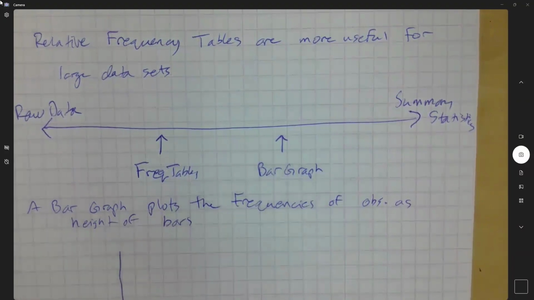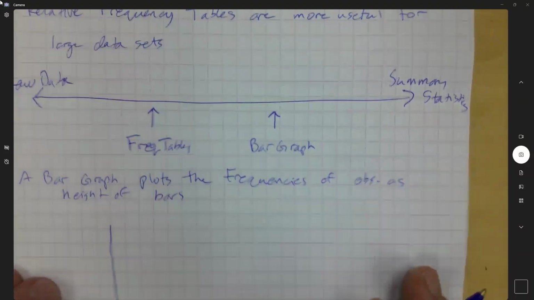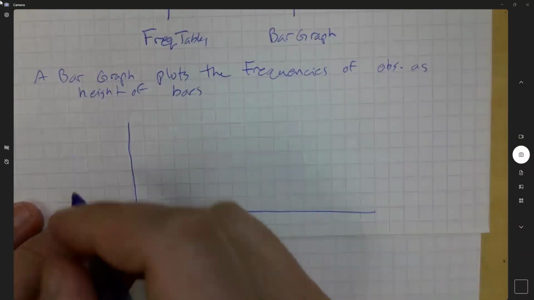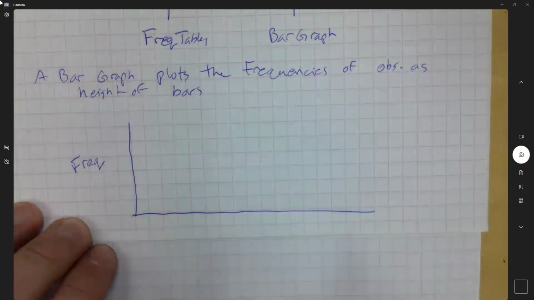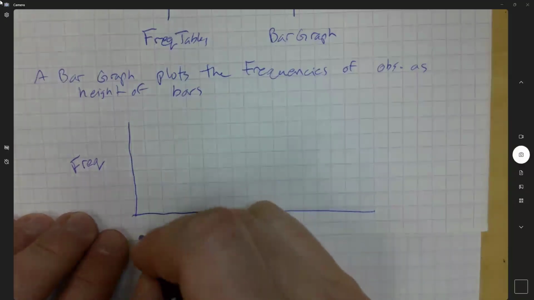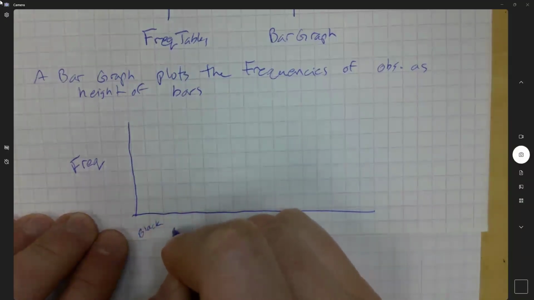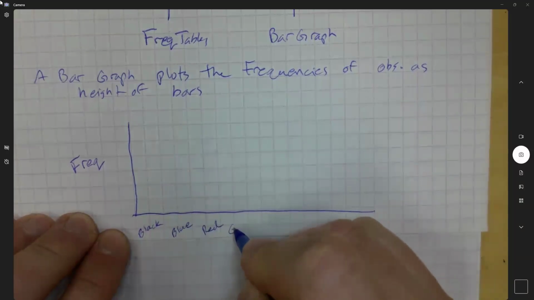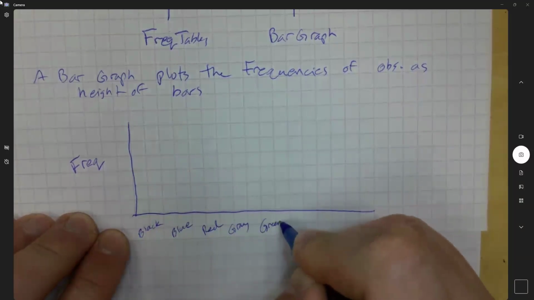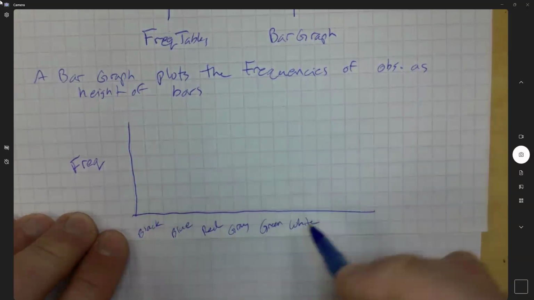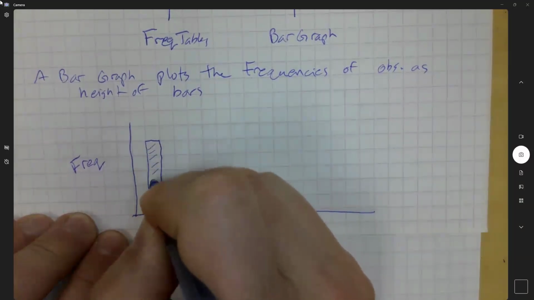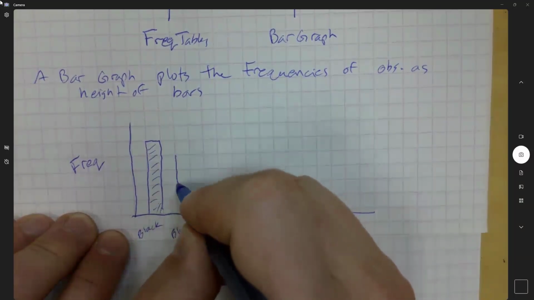So we would come over here and we would say, using again our same example, the frequency of the observation is on the vertical axis, and the categories are these different categories here: black, blue, red, gray, green, white, and then the height of the observation, or the number of observations, is the height of the bar.